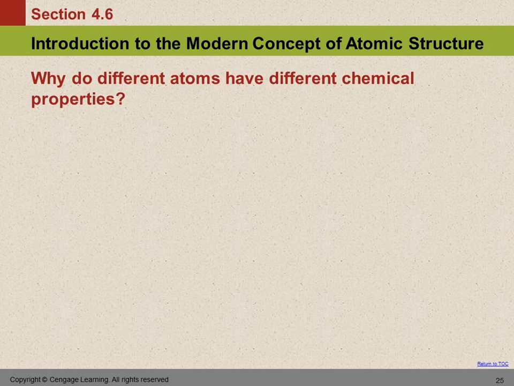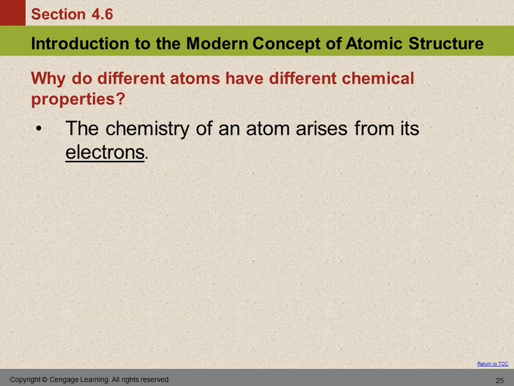So why do different atoms have different chemical properties? The reason that the atoms have different properties is because of the electrons. So we just learned that the nucleus is in the middle of the atom. What's on the outside of the atom? It's the electrons. The electrons are what interact with other atoms, and that's where our properties come from.